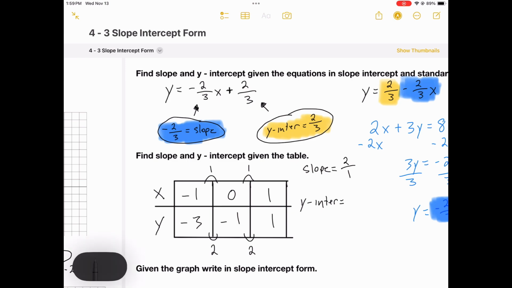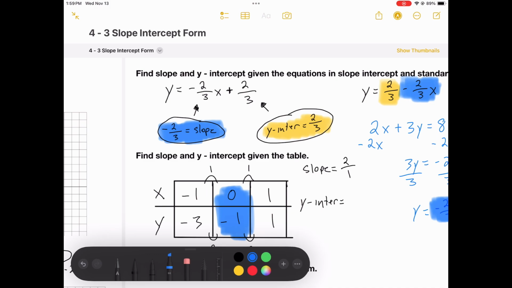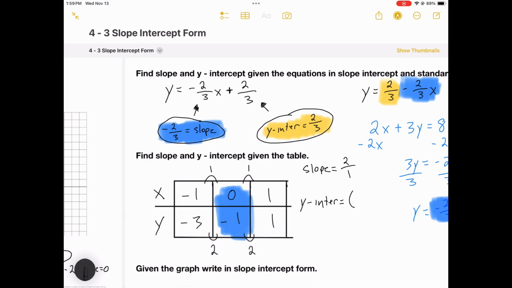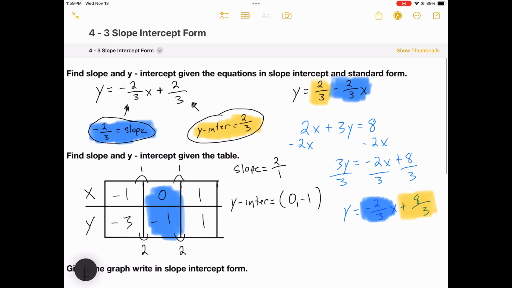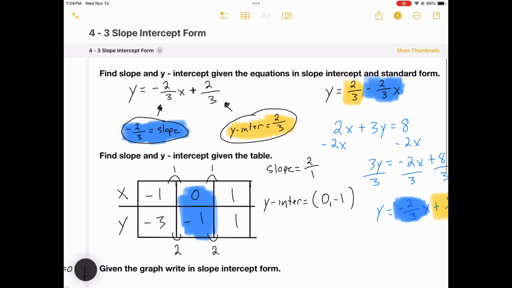So you can see that from the table. It's right here. You won't have to do anything crazy to find it. There is the y-intercept. So that is a coordinate, by the way. That is coordinate 0, -1. Okay. Sorry, I'm a little all over the place here. I kind of misjudged my space there. But again, sometimes they'll ask you to find the y-intercept and slope. Basically, this is all slope and y-intercept, slope-intercept form.